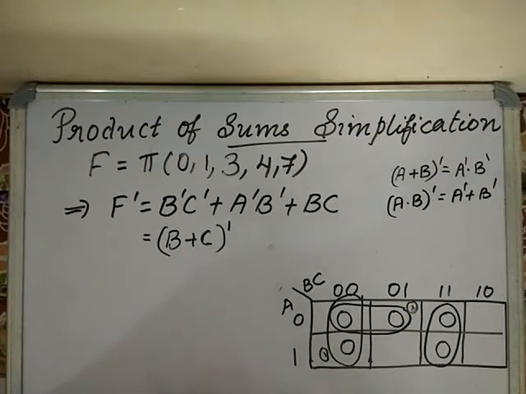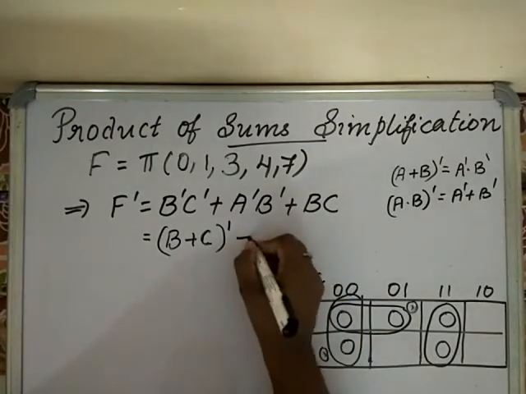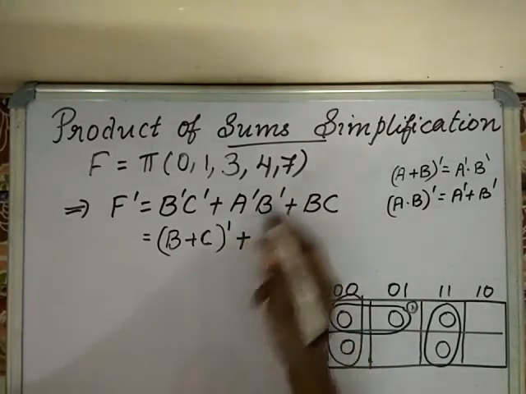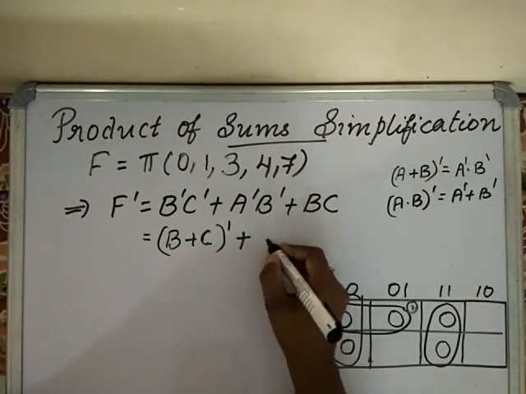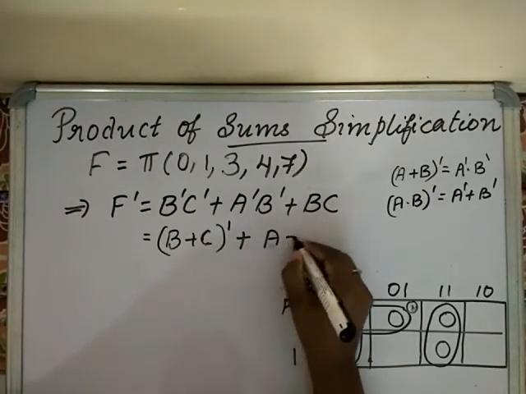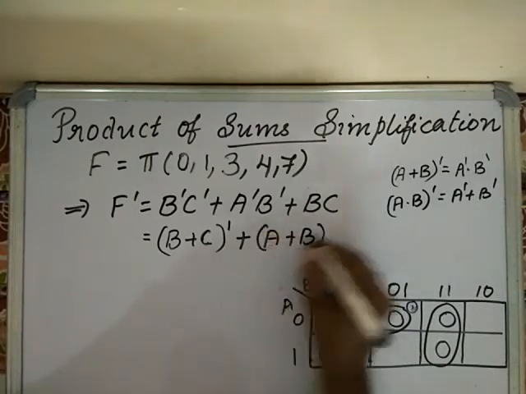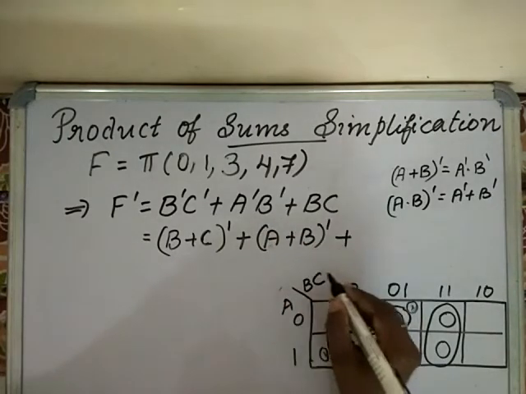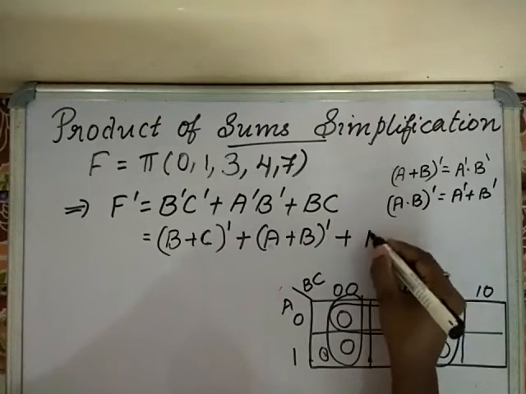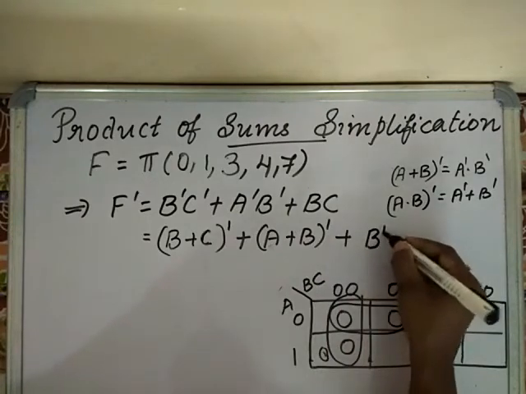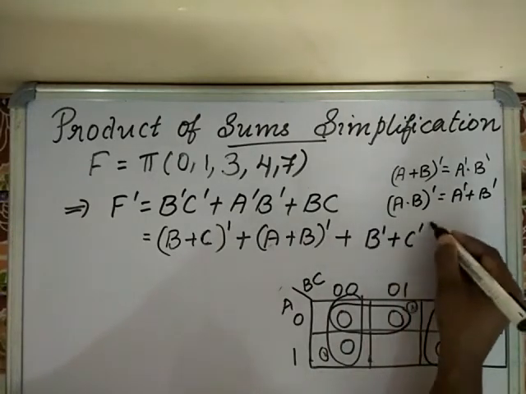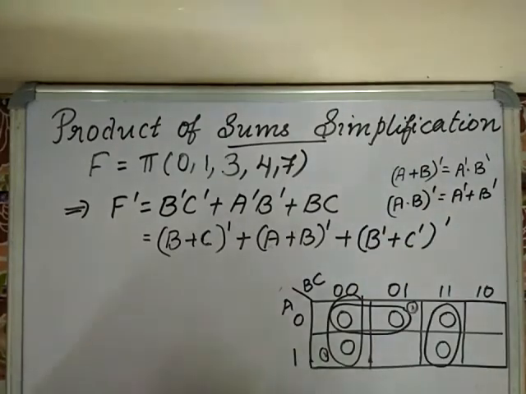Here we have applied De Morgan's law. Similarly, for the remaining terms, A complement, B complement can be written as A plus B, the whole complement. The third term is BC. It can be written as B complement plus C complement, the whole complement.